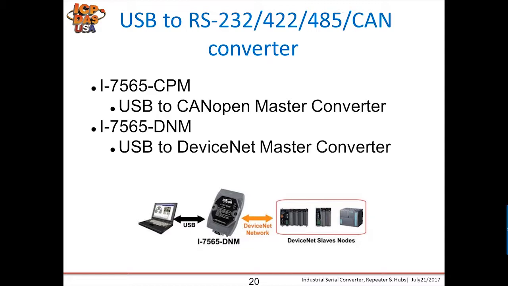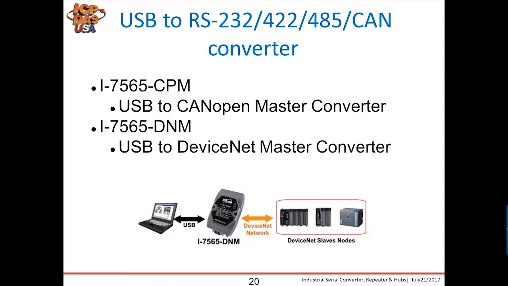i7565 CPM, it is a standard CANopen protocol and has a built-in CPU to run i7565 CPM firmware independently. It provides a set of API that will allow user to easily control and program the device.